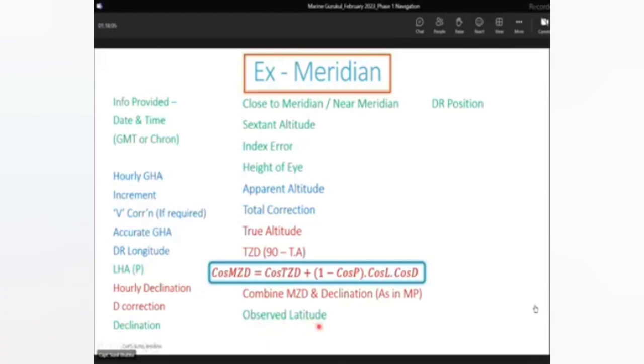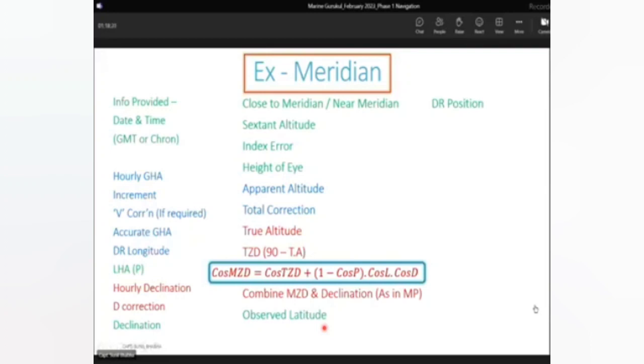Now up to here this was similar to the Meridian Pass observation, but after this there is a difference. The difference is, number one, the observed latitude which we got in a Meridian Pass observation was also the fixed latitude. The observer has to be somewhere on that latitude only.